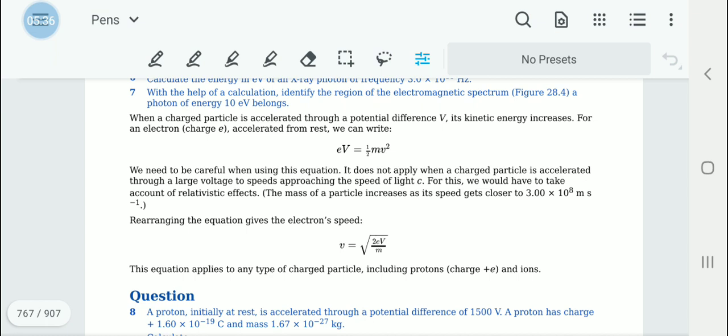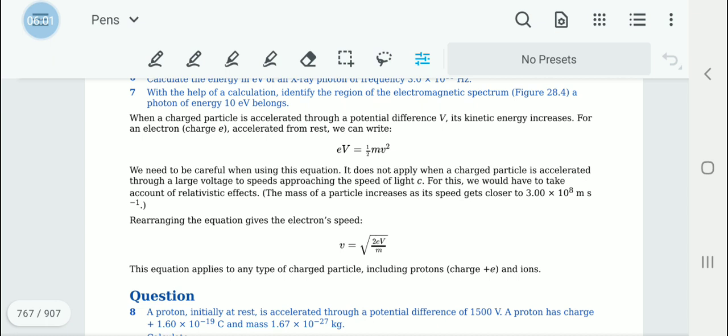This is not actually used for situations where a charged particle is accelerated through a large voltage to speeds closer to the speed of light.